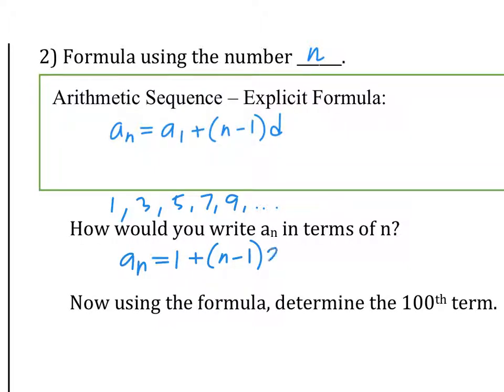Thank you, Blake. 2. You can just leave it like that. That would be acceptable. Some of you will choose to simplify this more so that it looks better. 2n minus 1, that is also an acceptable answer. So both of them are good.